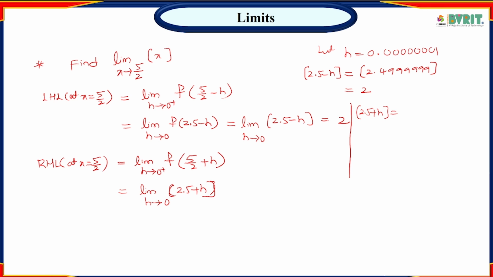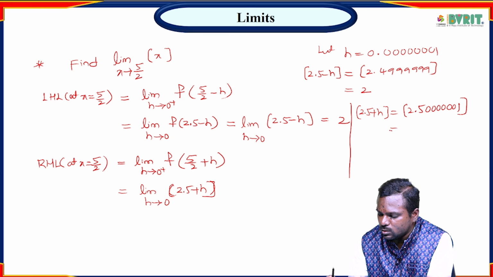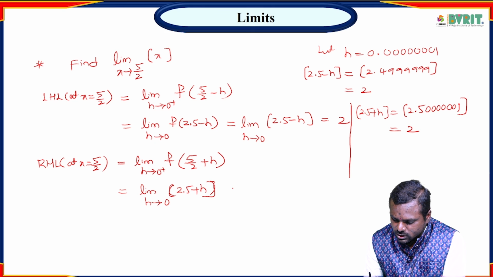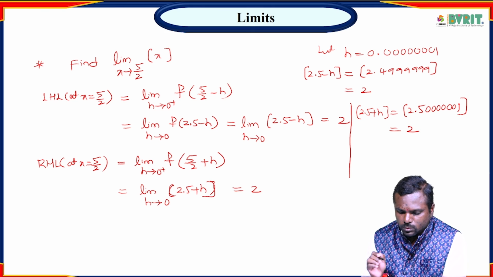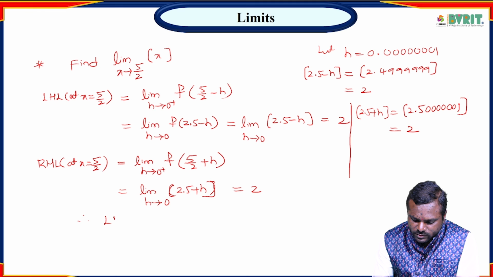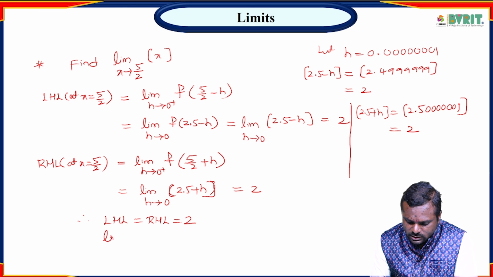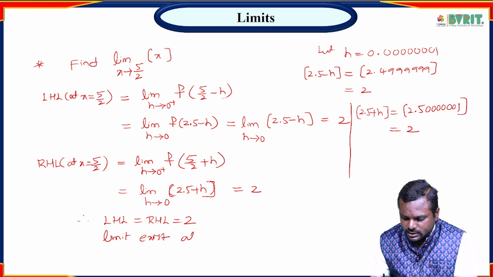Then 2.5 plus h is 2.50000001, and the greater integer of that is 2. So this value is also 2. Therefore the left hand limit is equal to the right hand limit, that is 2. Therefore the limit exists at x is equal to 5 by 2.